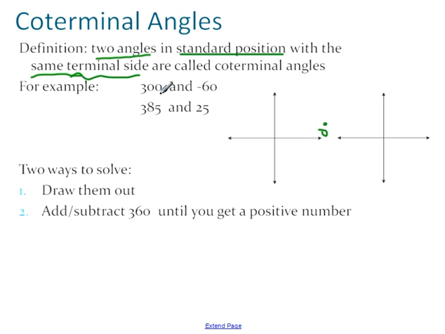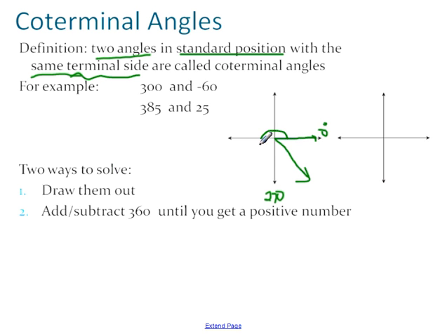So if we're looking at, for example, 300 and negative 60. We're starting here at 0. Well, we know 360 is all the way around the circle to here. So we want to go 60 degrees less of that. Here, this is 270, so 300 is probably going to be here somewhere.